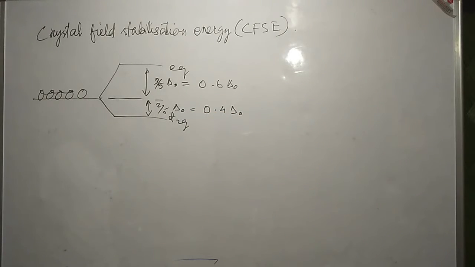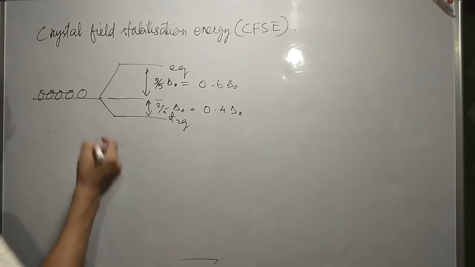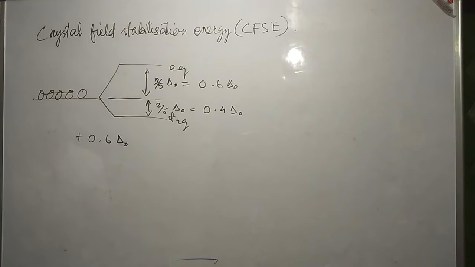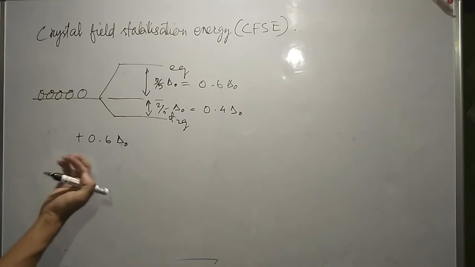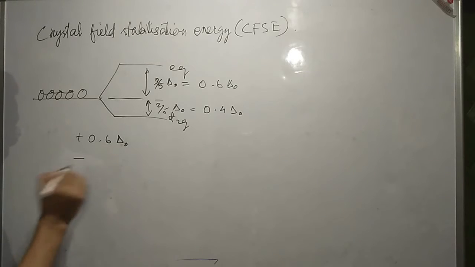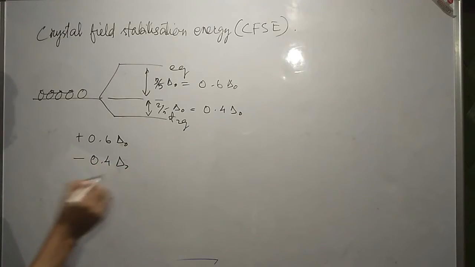Since the energy has been increased in case of the Eg set, it will be plus 0.6 delta 0, and for the T2g set it has been reduced, therefore it will be negative, by an amount of 0.4 delta 0. Now the negative sign shows that the T2g set of orbitals is more stable compared to Eg.